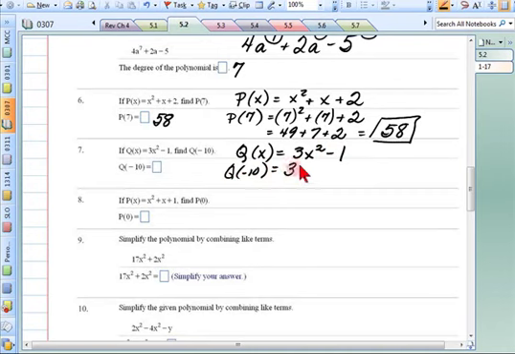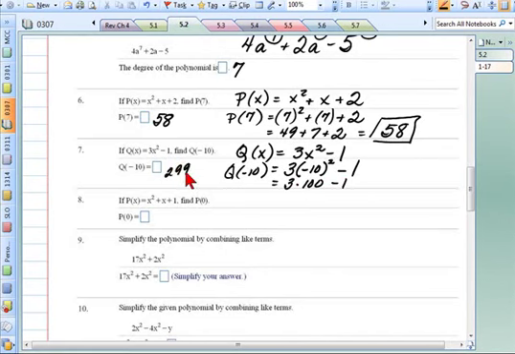So I have 3 parentheses, negative 10 squared minus 1. What is negative 10 squared? 100. So it's going to be 3 times 100 minus 1. 300 minus 1 is 299.